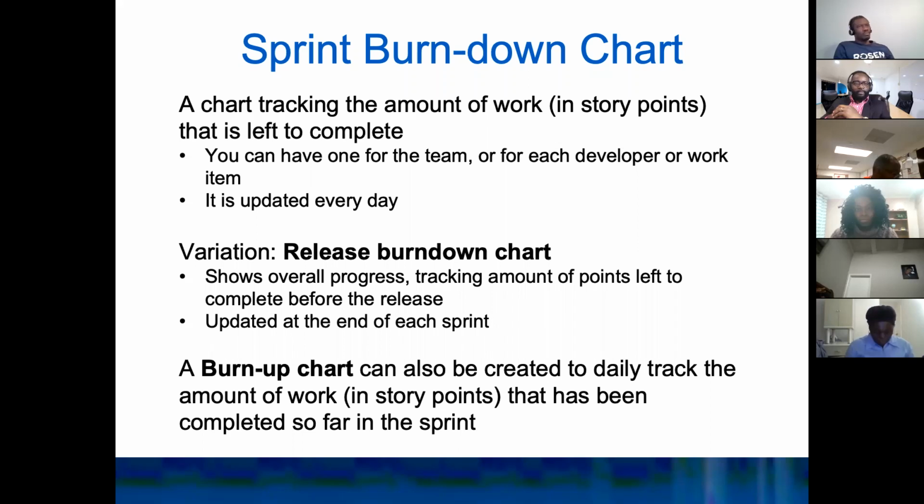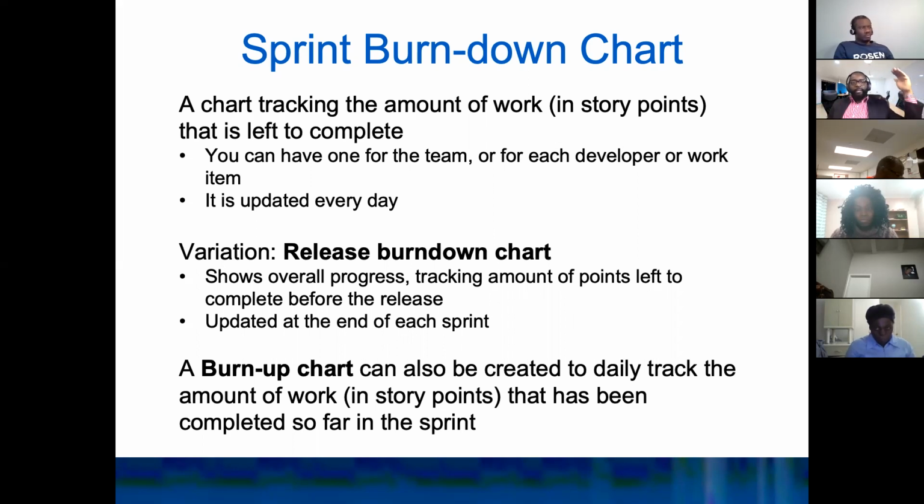So all the stories or the product backlog items that you select for the release, the sum of it should be around that 480, right? And as you complete sprints, you're burning 80 points every time, and it shows you on the graph on the horizontal axis the sprint after every sprint, how many points you have left before the release.